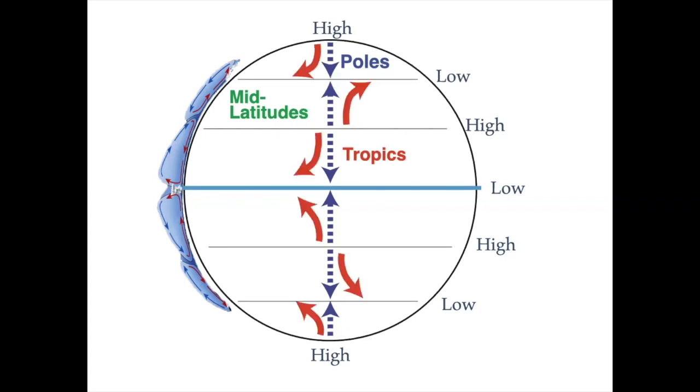But we have Coriolis. So the rotation of the Earth, as I said earlier, deflects these air masses as they head down the pressure gradient to the right in the northern hemisphere or to the left in the southern hemisphere. And notice that they are deflected in the direction of travel. So as they move from the high down towards the low, they get deflected.